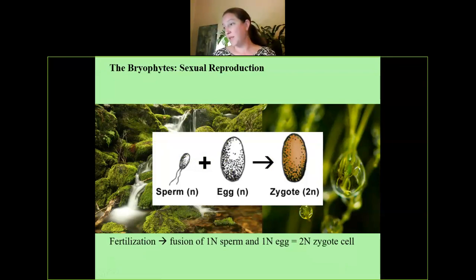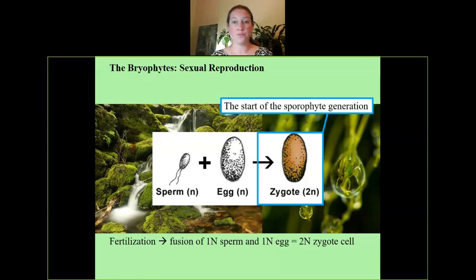The sperm swims to the egg, and the result of the fusion of that is the 2N zygote. Okay. And that 2N zygote is the beginning of the sporophyte generation. So there you go. Sporophyte generation begins, and it will grow from that 2N zygote into a full plant.